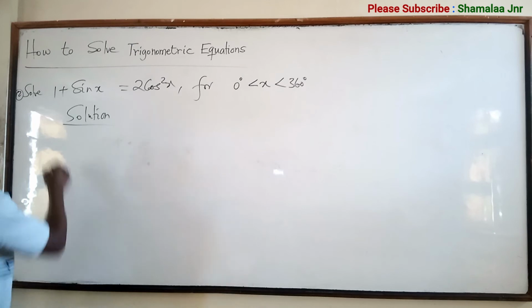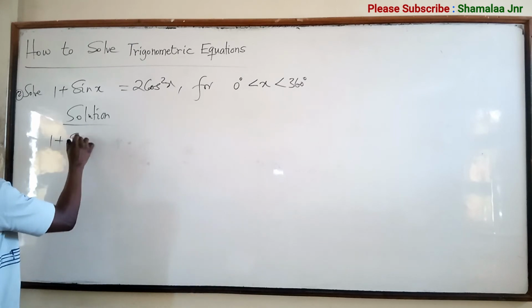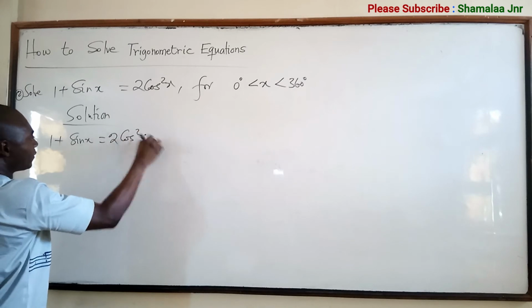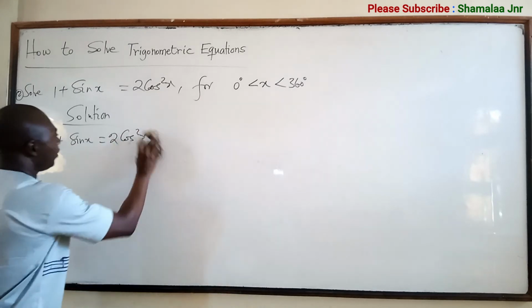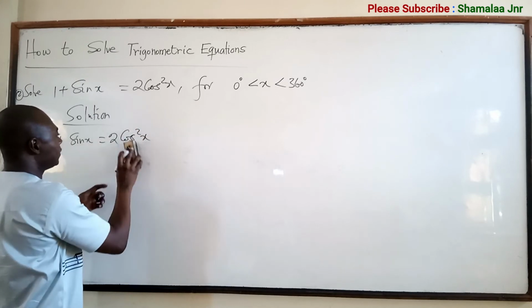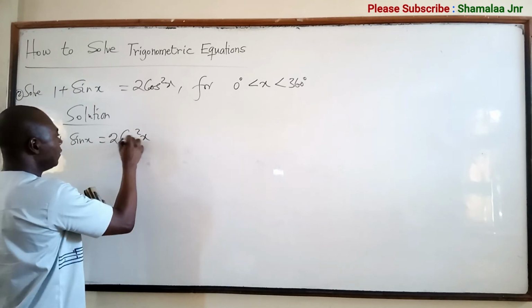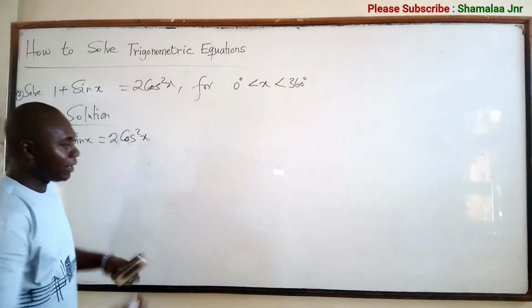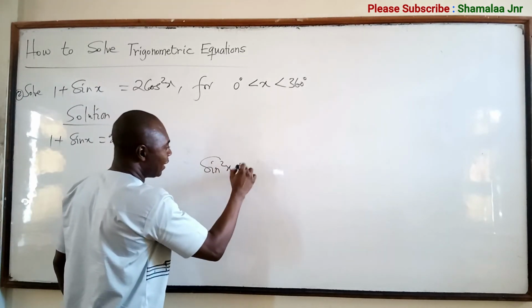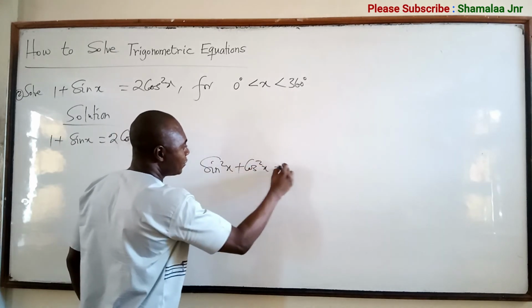Solution. We have 1 plus sine x is equal to 2 cos squared x. So viewers, here straight away, you should be able to make a substitution for cos squared x. Isn't it? And again, you can say sine squared x plus cos squared x is equal to 1.